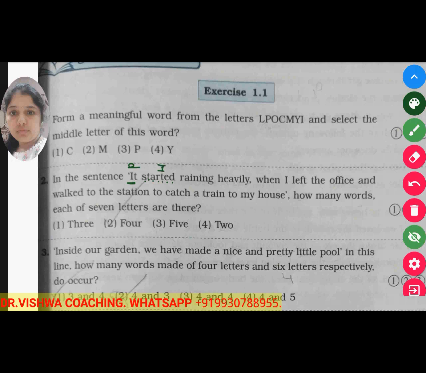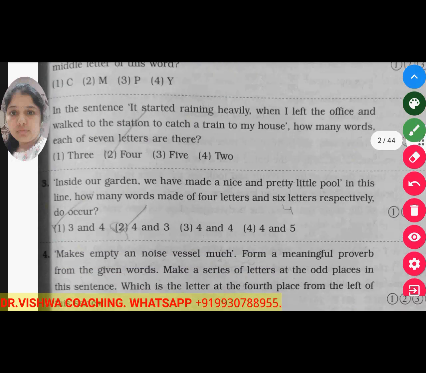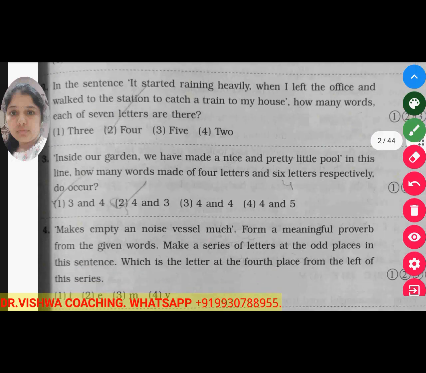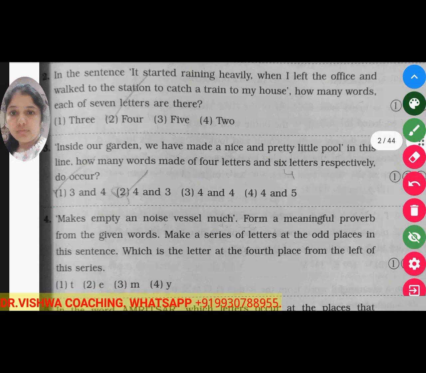Like this you can count the letters in the sentence, and after that the words that have 7 letters, those words you have to calculate. So you can calculate how many words have 7 letters. Okay, so this is for your homework.